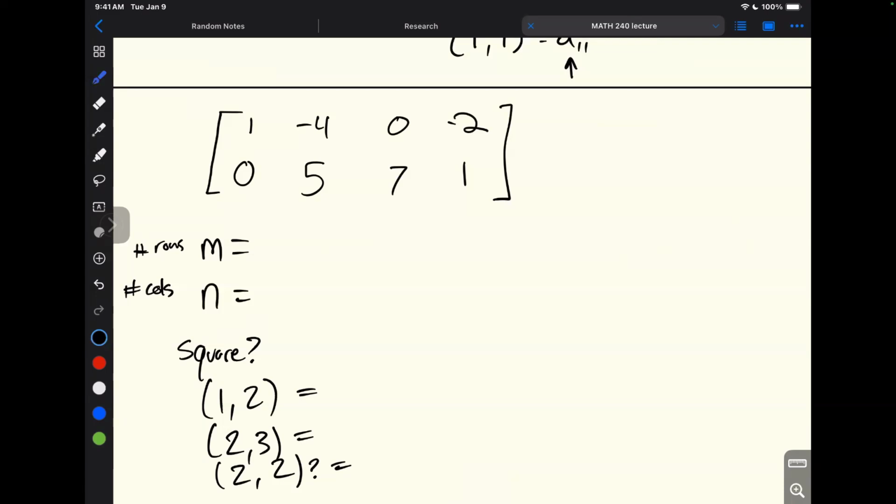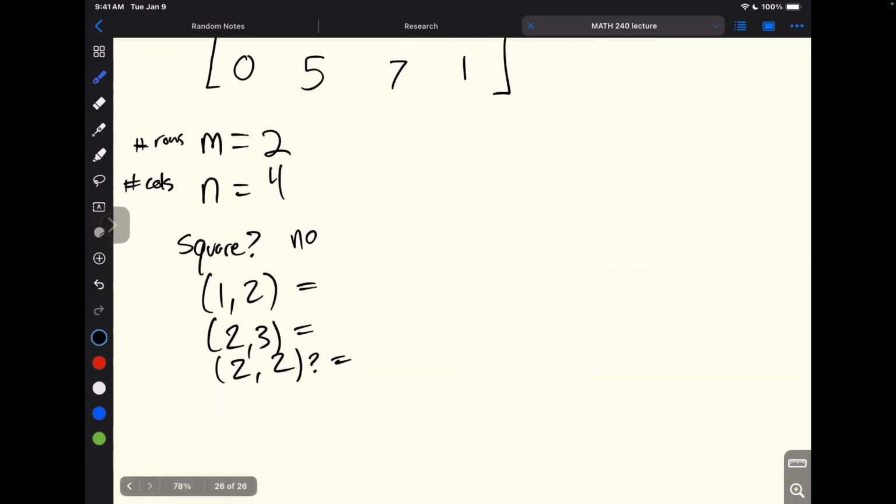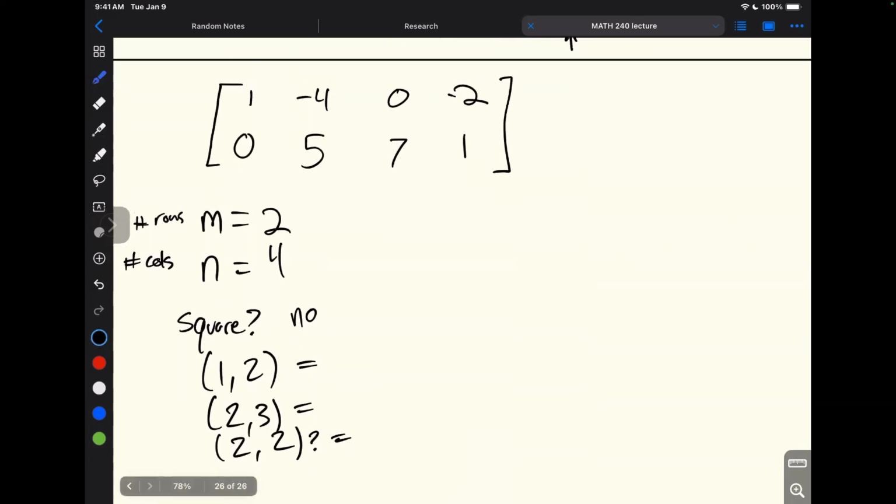All right, the bell stopped ringing. What's M? How many rows are we working with? 2. How many columns? Is it square? Why not? Yeah, 2 is not 4. What's 1 comma 2?